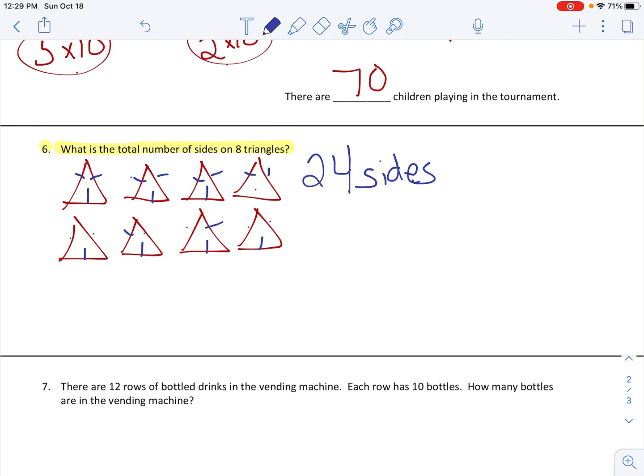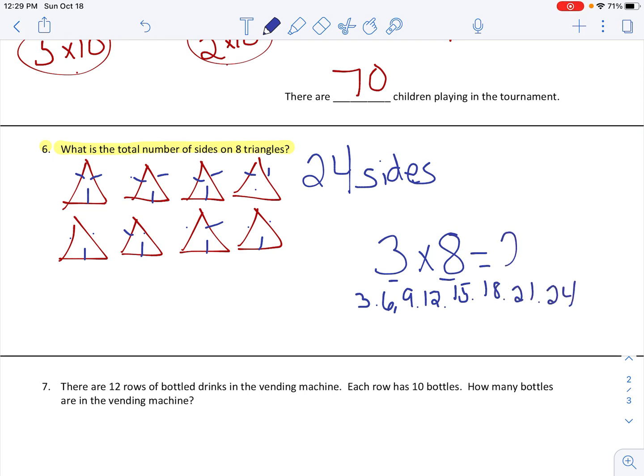Now for some of you, you don't need to draw the picture anymore, because your brain is saying, I know that there's 3 sides on a triangle, and I know that there's 8 triangles, and I know that's a multiplication sentence. So Mrs. Todd, I'm not drawing the picture anymore. My brain's ready to go on and just look at the multiplication equation. 3 times 8: 3, 6, 9, 12, 15, 18, 21, 24.